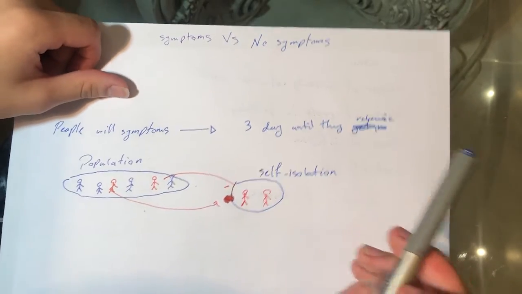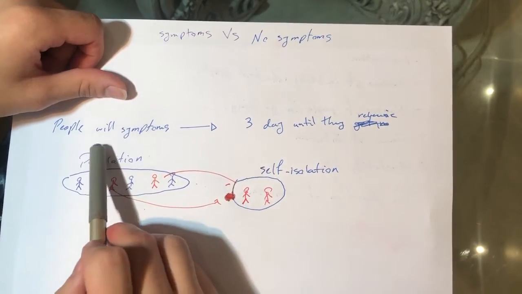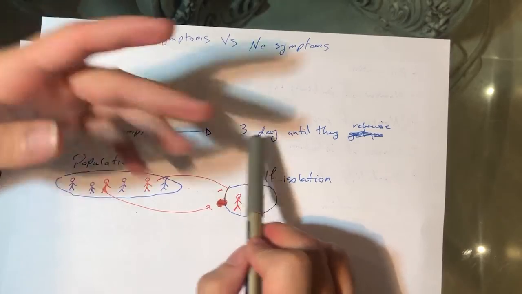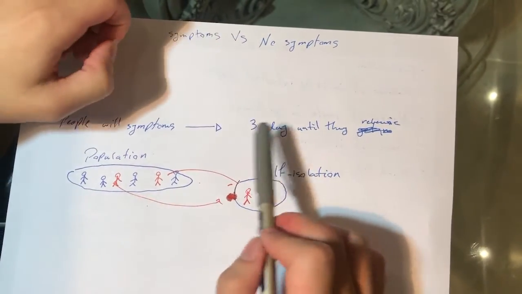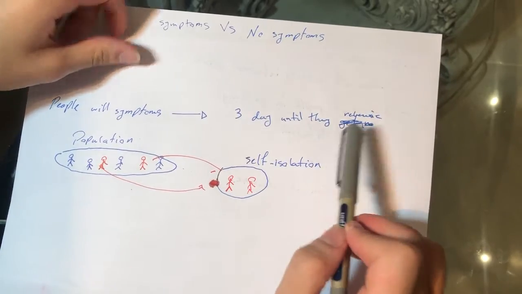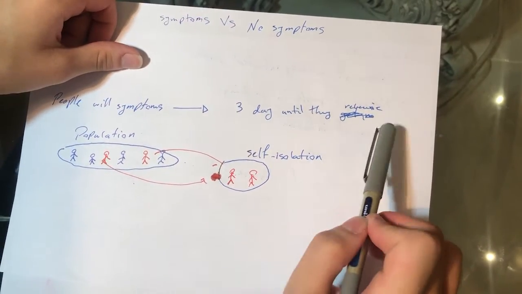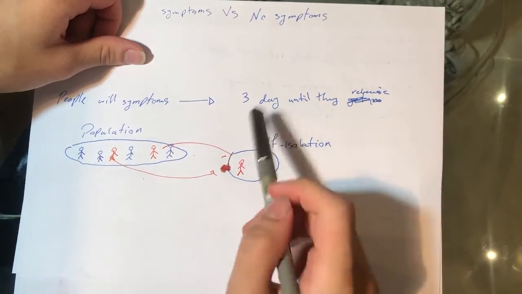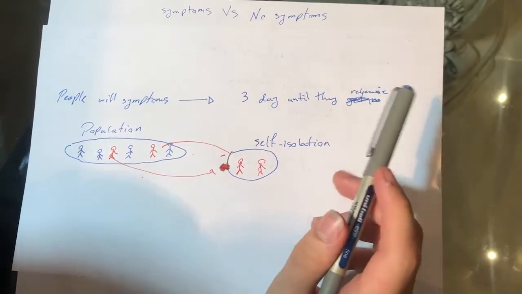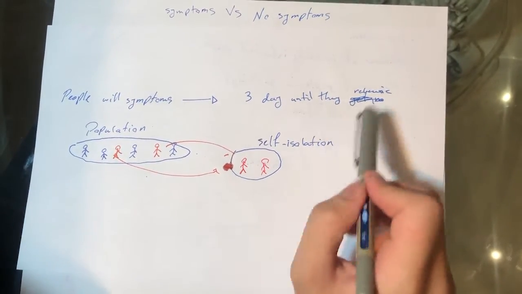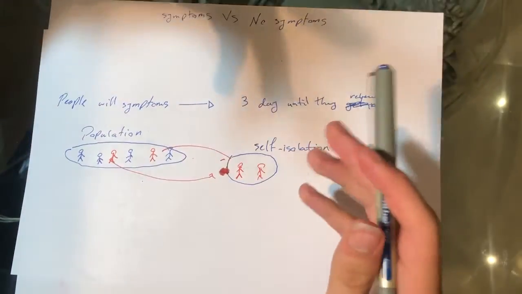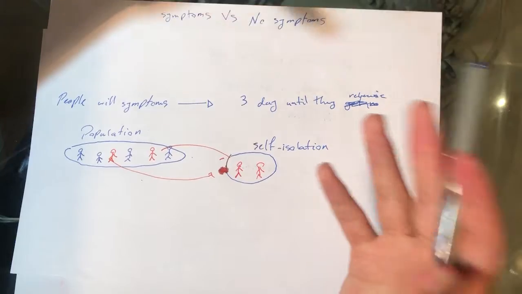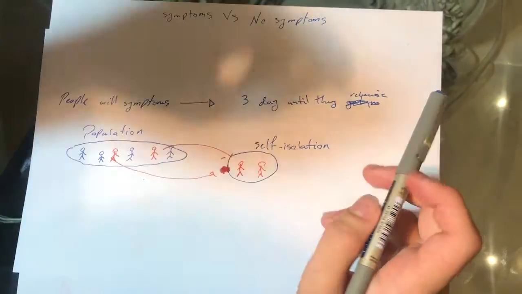As you can see, people who have symptoms, after 3 days, which is also a variable that I can change to whatever number I want, will realize that they are sick, and a percentage of them will decide to self-isolate. I decided to put a really high percentage for it, about 90%. So most of the people who know they're sick will self-isolate, but there are some people who don't.